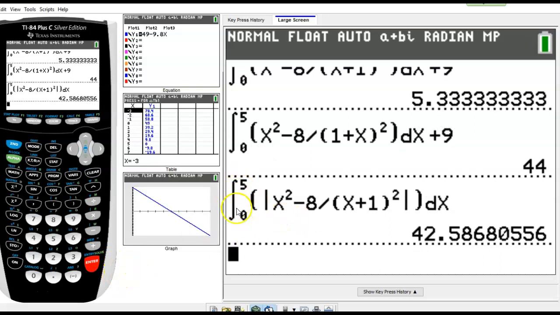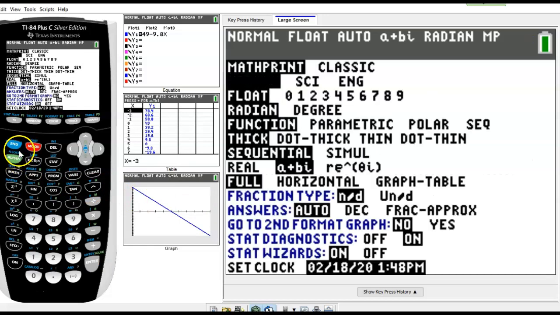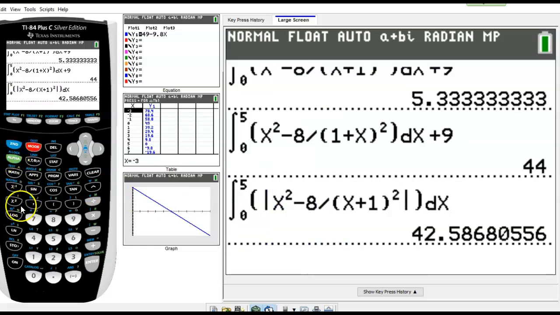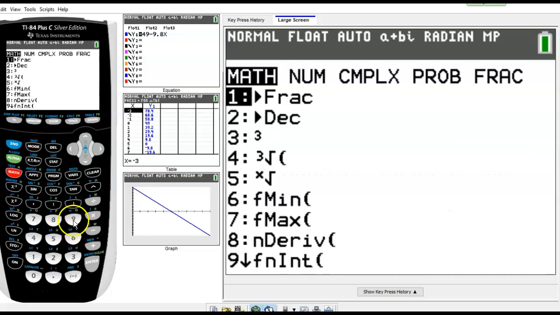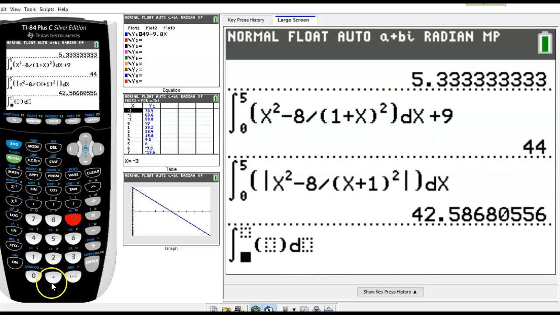Immediately, I did the F of N. Is yours coming up like this? No, like the ABS came up for the top number. So I'm saying, do you have the integration bar right here on your calculator? Yes. All right. So look here. Keep pressing that. So you're going to press math, do the integration, right? From 0 to 5. You got that?